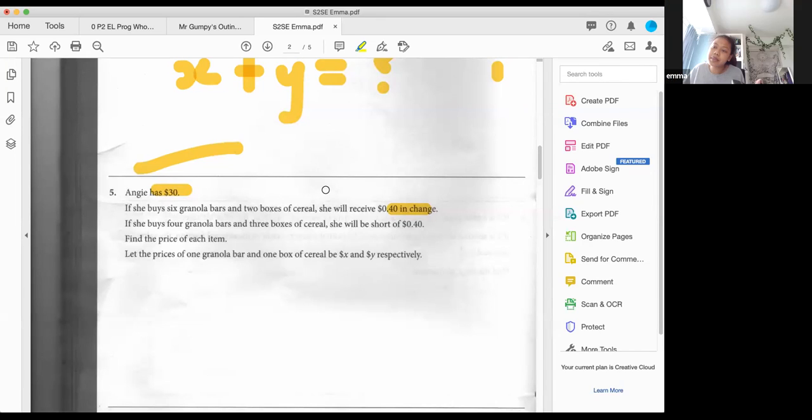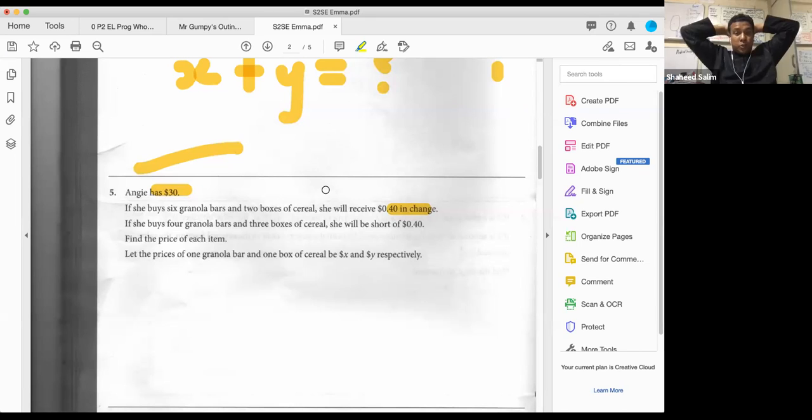Do I have to 30 minus 40 cents? Yes, you have to, because this is the price of the items. So you cannot say how many 6x plus how many y equals to 40 cents. It doesn't make sense. You have to give the exact amount. Otherwise, you're going to have funny numbers coming in.